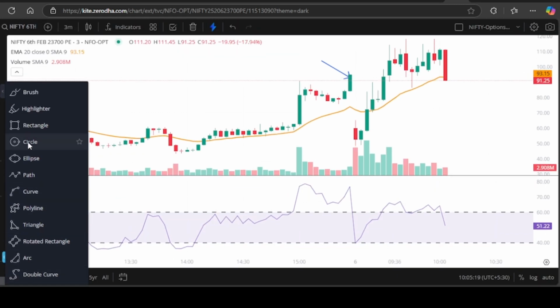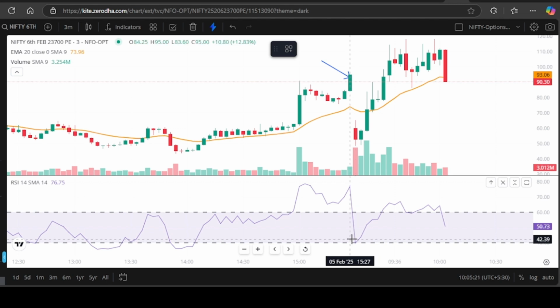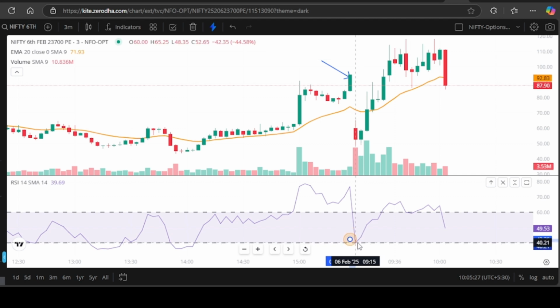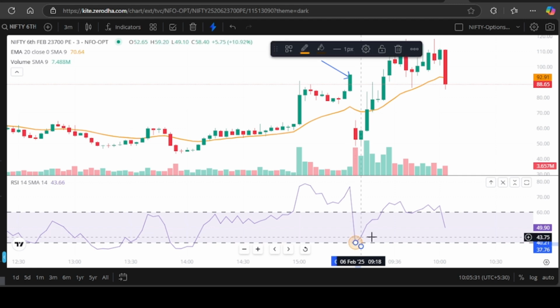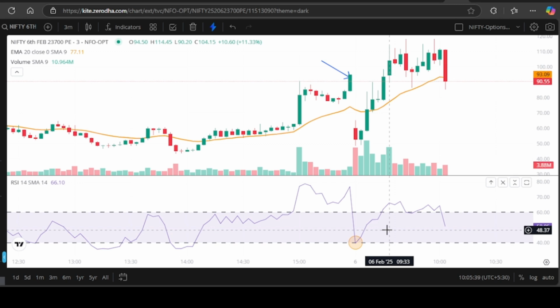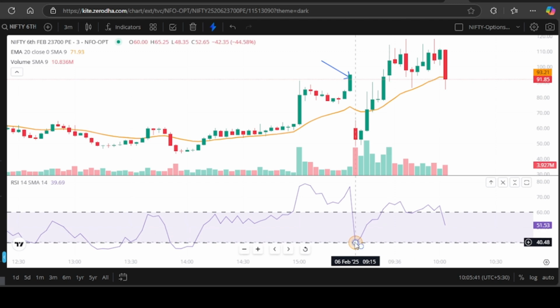Yes, I'm expecting it to take a nice support here, exactly at this point on the lower limit 40, and then bounce back from here with a nice green candle where the body is nice and big, and I got it.